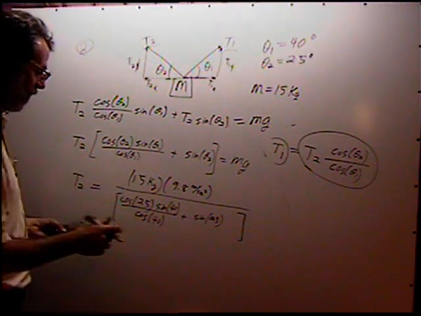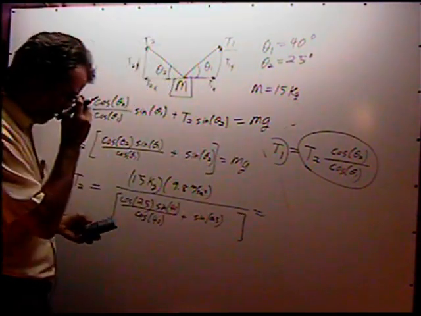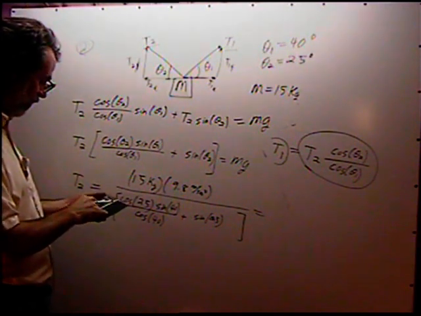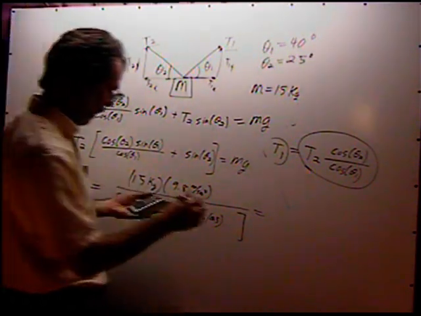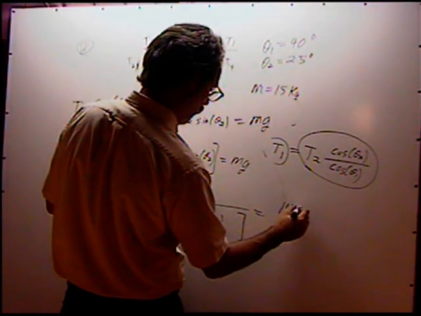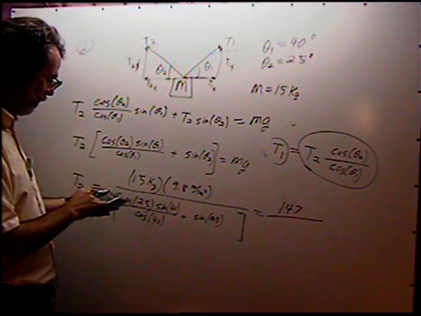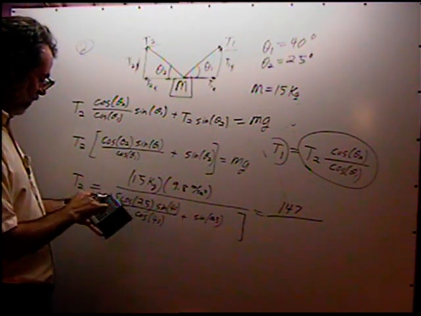The numerator, 15 times 9.8, is 147. What's in the denominator? Let's see.